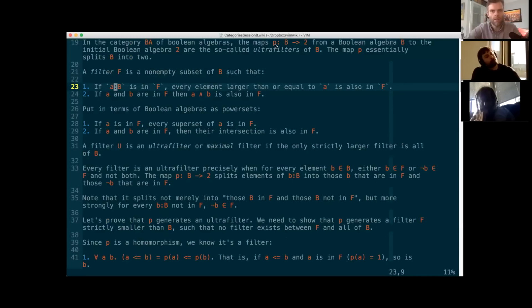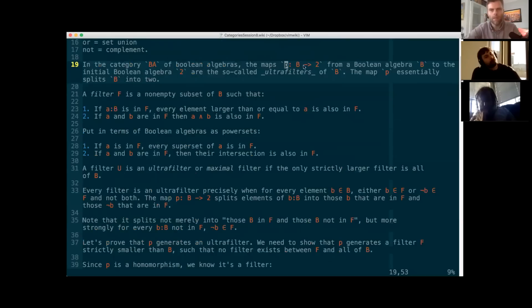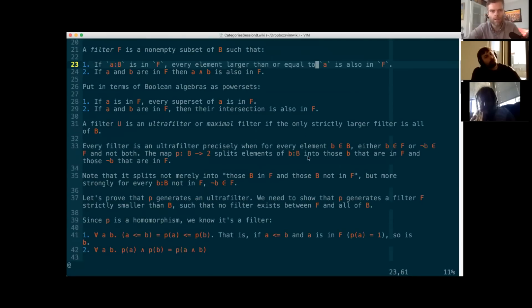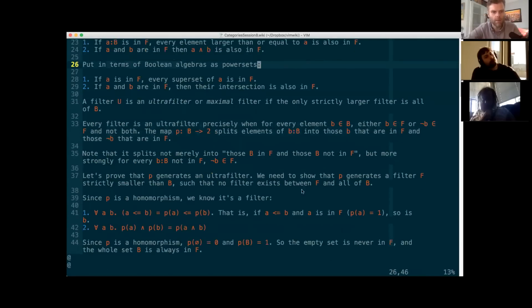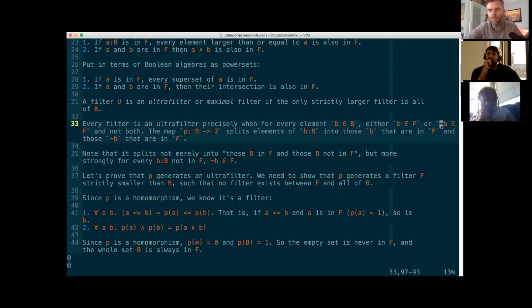So it's even stronger than this filter condition. You can see that if this map P gives true or false for any given element of B, then it's either in the filter or it's not. But it actually says something even stronger, which is that if B is not in the filter, then not B is in the filter. Does that make sense? So the complement of B is in the filter if B isn't.